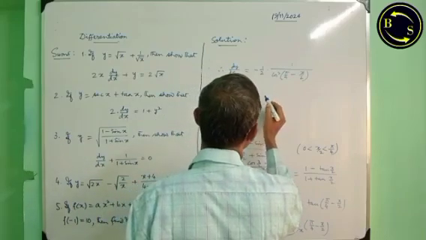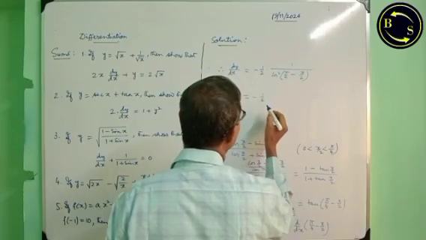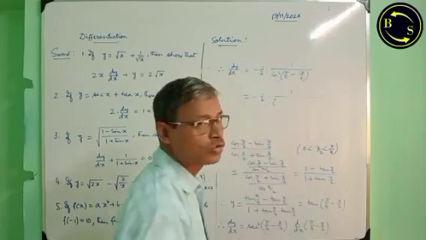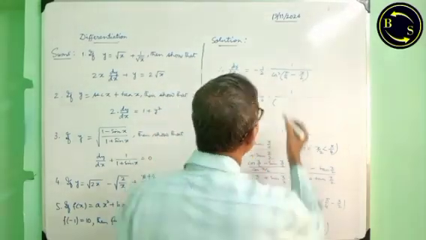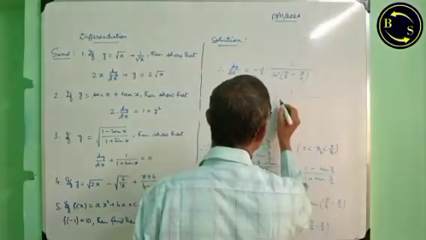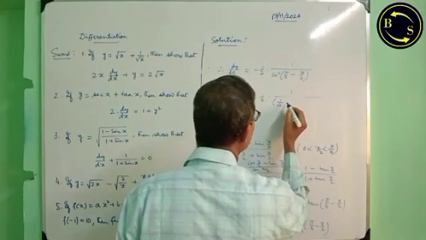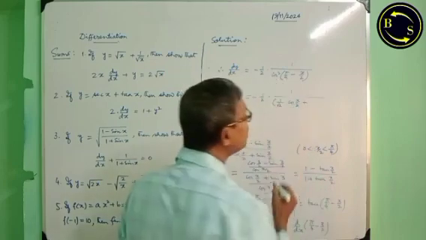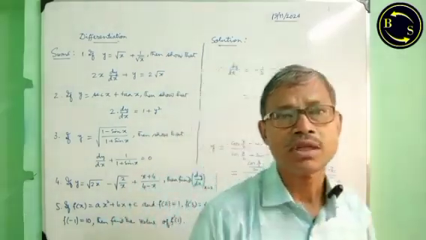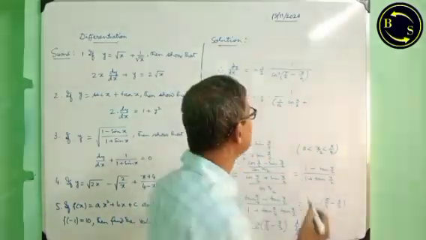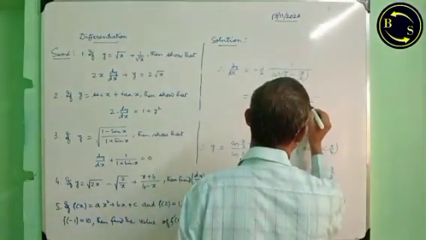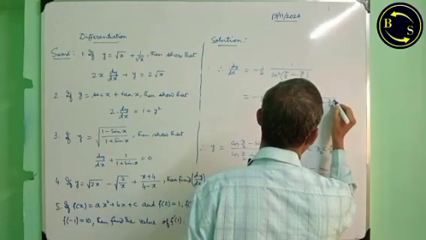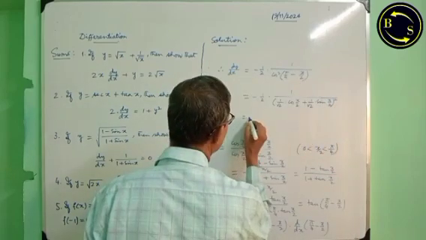Now we have to simplify this one. Minus half into 1 by, this is cos of alpha minus beta form, cos pi by 4 cos x by 2, cos pi by 4 is 1 by root 2, into cos x by 2 plus sin alpha sin beta, since cos of alpha minus beta is equal to cos alpha cos beta plus sin alpha sin beta, 1 by root 2 into sin x by 2 whole square, that is equal to minus half.